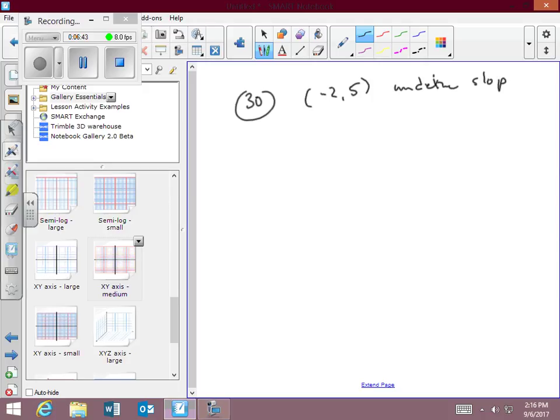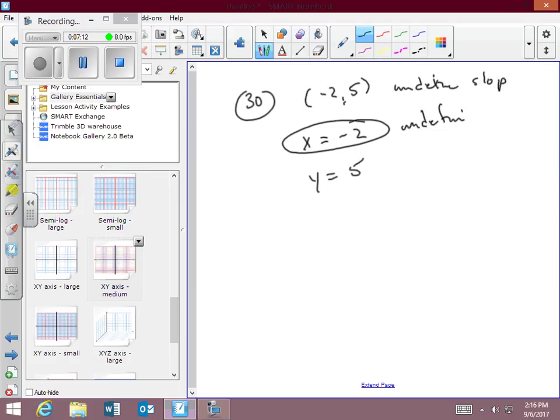Which one of these two is the correct answer? It's got to be one or the other. What kind of line is it? Vertical line or horizontal? It's this one. This one has undefined slope.